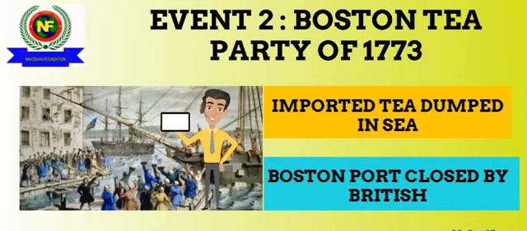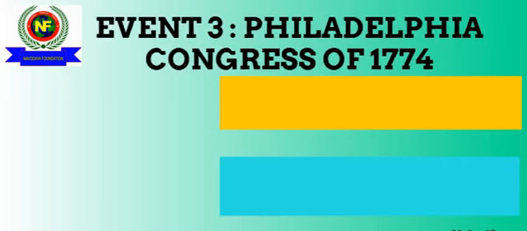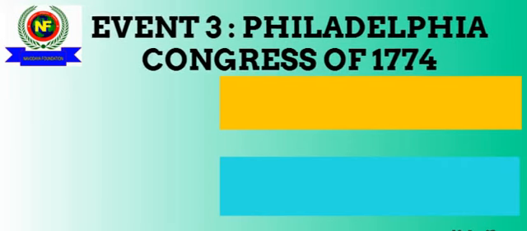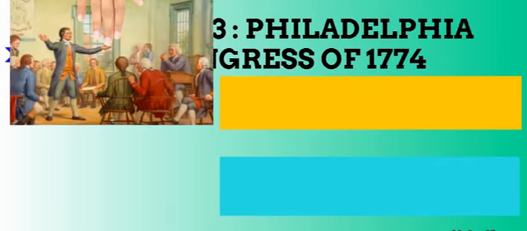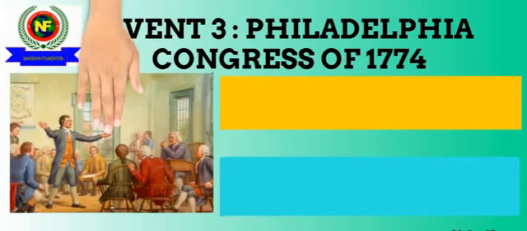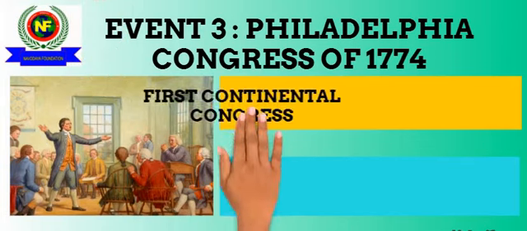American continent. The next and the third event was the Philadelphia Congress of 1774, in which representatives of 13 American colonies met together as a group, and it was called the First Continental Congress.